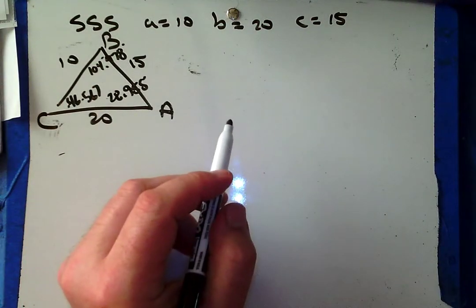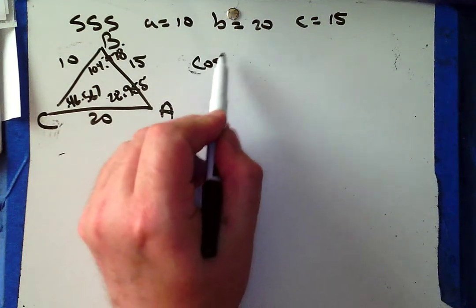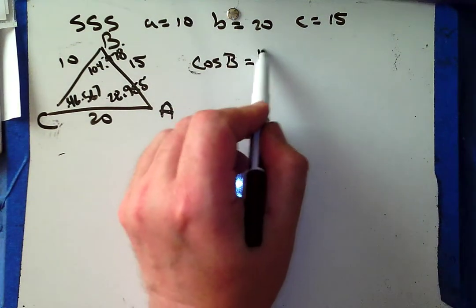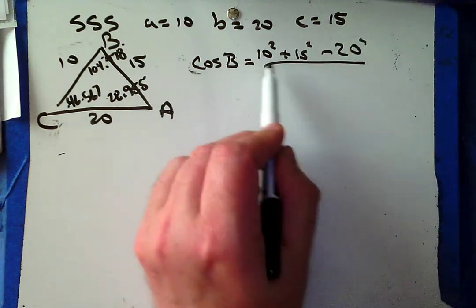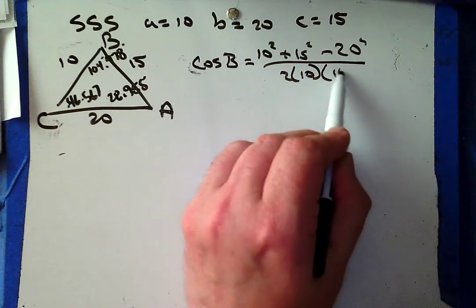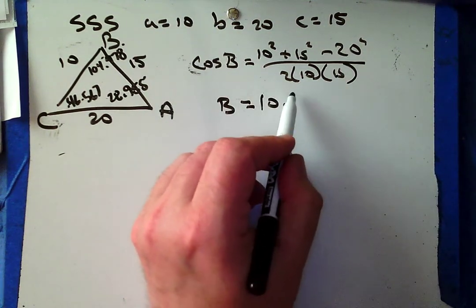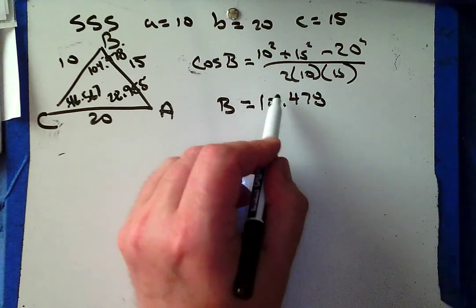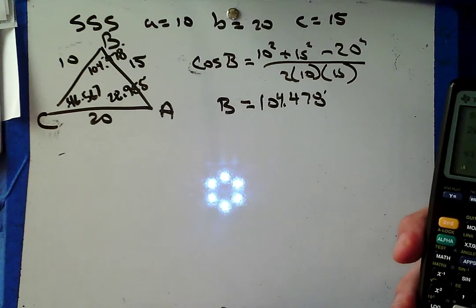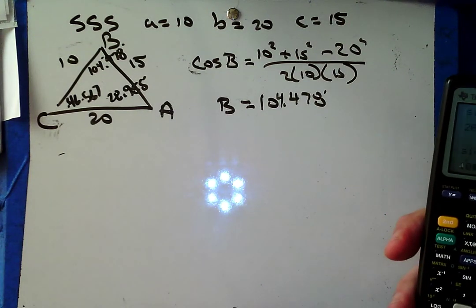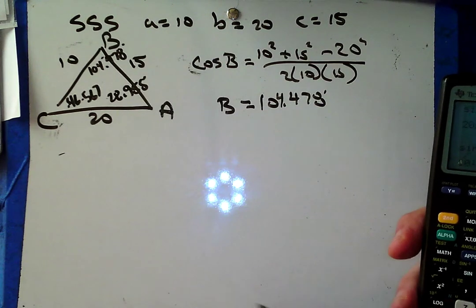What would happen if we started with B, the biggest angle? And so we would say cosine of B equals 10 squared plus 15 squared minus 20 squared over 2 times 10 times 15. And we found out that B was 104.478 degrees. I believe that's true. I'm just going to check just to make sure. 10 squared plus 15 squared minus 20 squared.